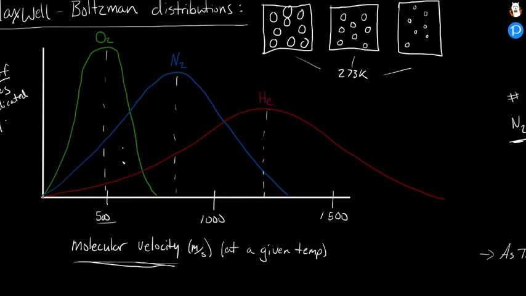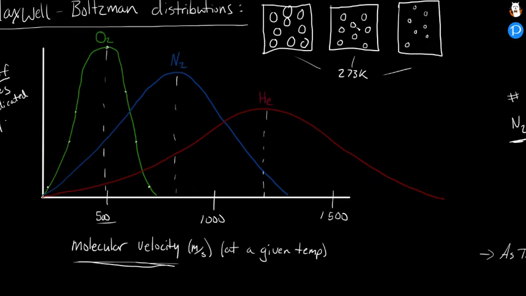That's what this distribution is showing: some of these O2 molecules have a velocity that's close to zero, that's down here. Some of them within that container have a velocity that's much higher than 500 meters per second. And there's molecules that are all in between, right? But most of them have this velocity of 500.